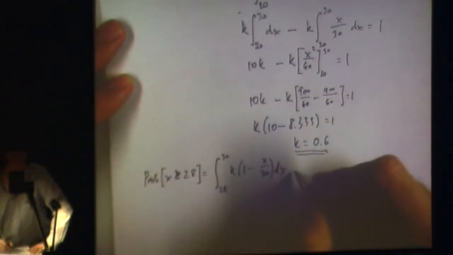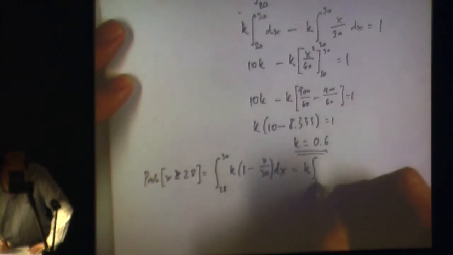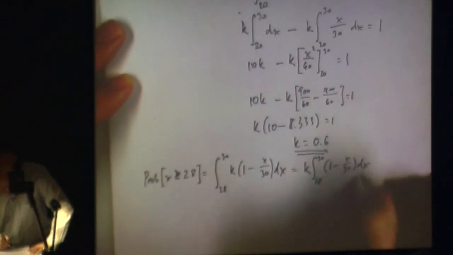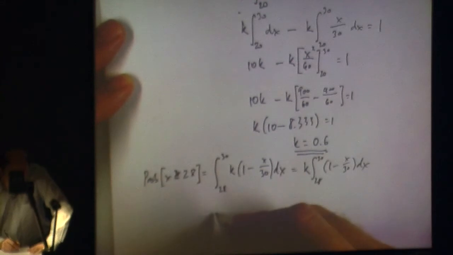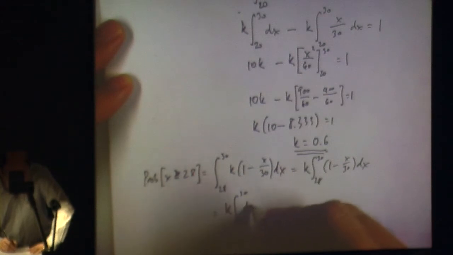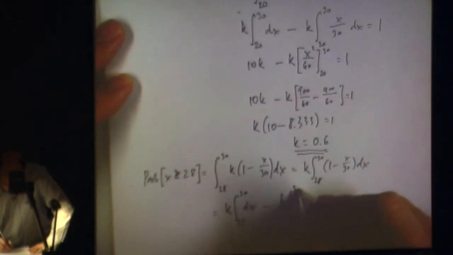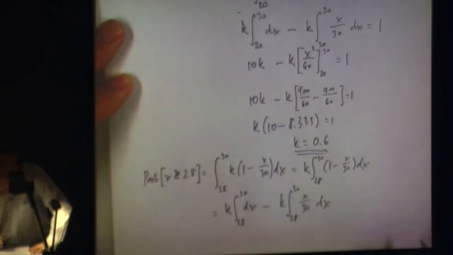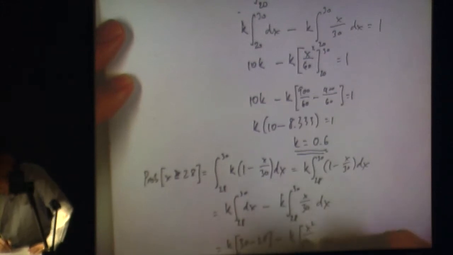K is a constant, so that's going to be k times the integral between 28 and 30 of dx, minus k times the integral between 28 and 30 of x divided by 30 dx. So this equals k(30 minus 28) minus k times x squared divided by 60.